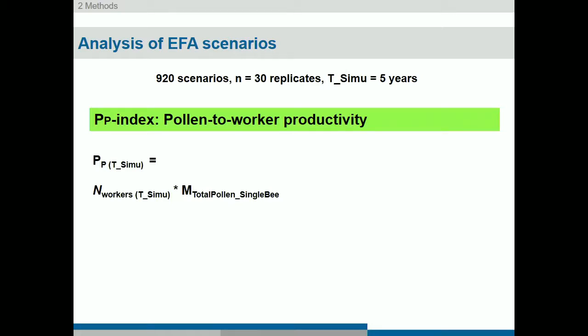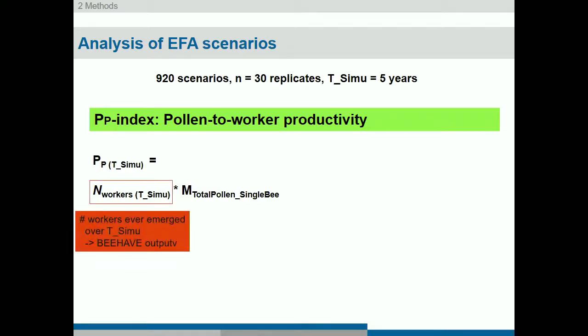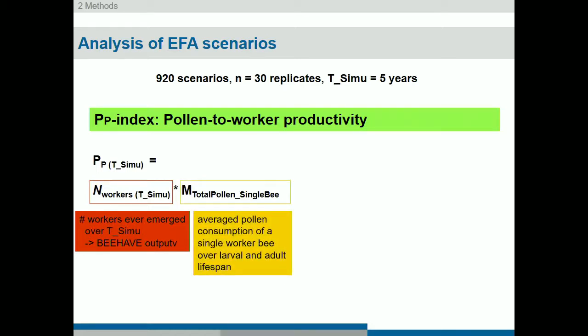With this model, we calculated for all these scenarios a pollen-to-worker productivity index. This index is composed of the number of worker bees that were ever produced in the colony over the simulation time of 5 years, multiplied by the average pollen consumption of a single worker bee over its complete lifespan.